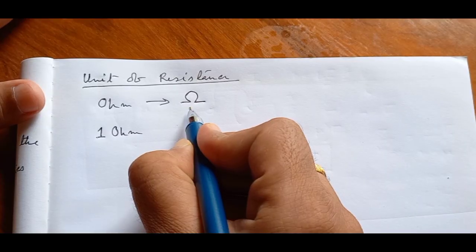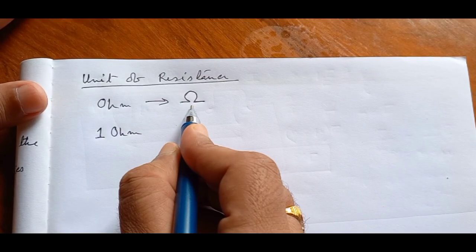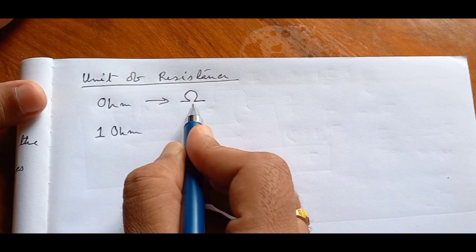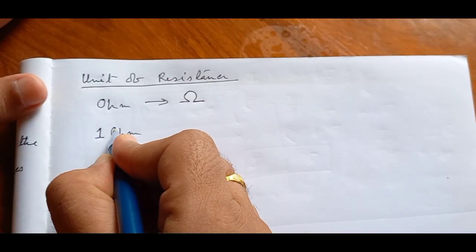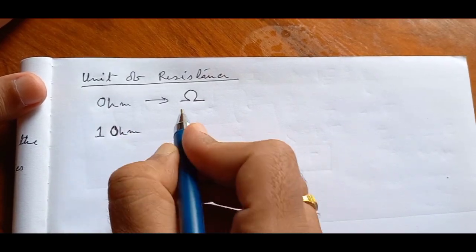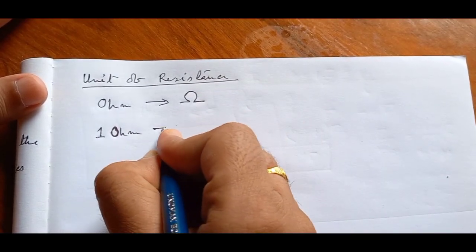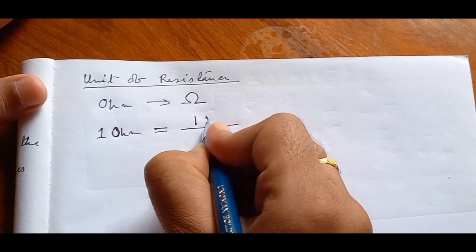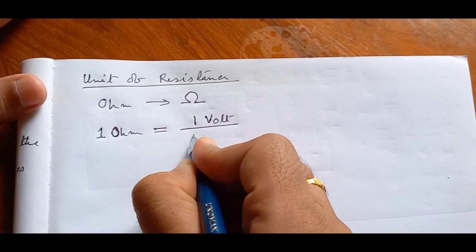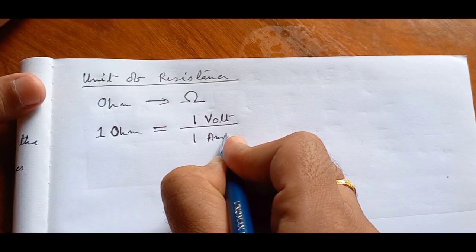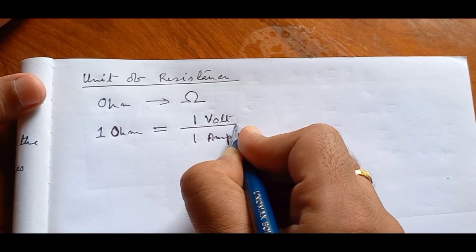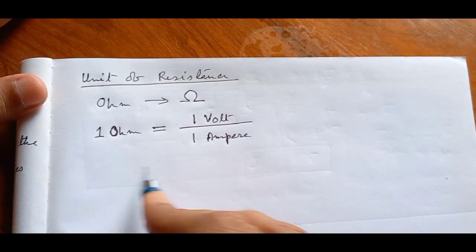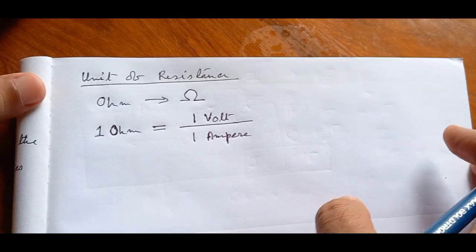Actually, this is capital omega. This is the basic symbol of ohm. Now, what is 1 ohm? 1 ohm is equal to actually 1 volt by 1 ampere. Now, what does it signify?